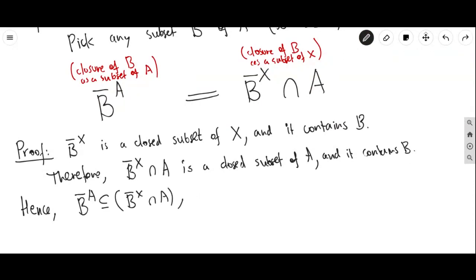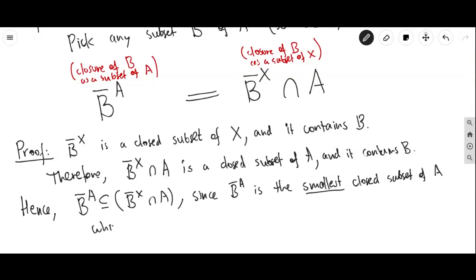Since the closure of B in A is the smallest closed subset of A which contains B, right?